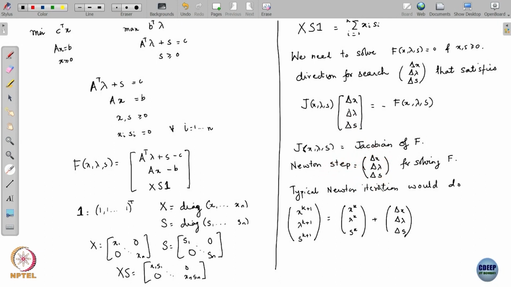Now, that usually leads to a problem, which is that we need to remember to maintain feasibility with respect to the inequalities. So, a full Newton step usually leads to x comma s greater than equal to 0 being violated.